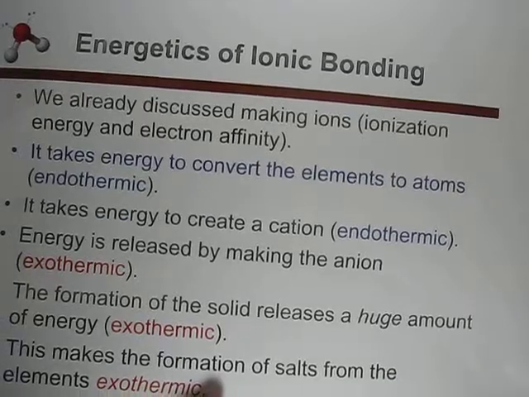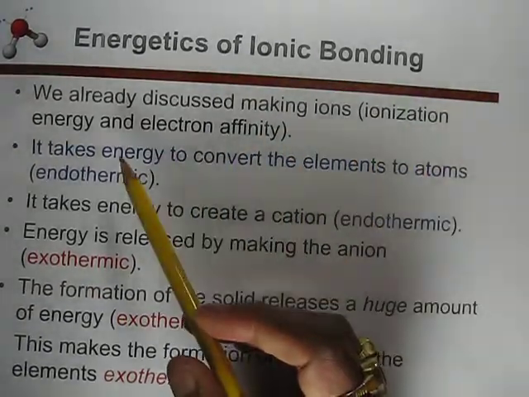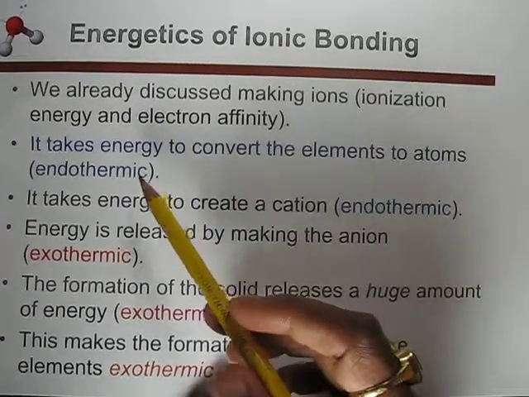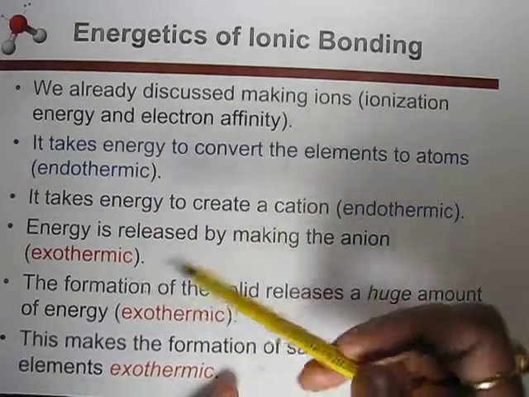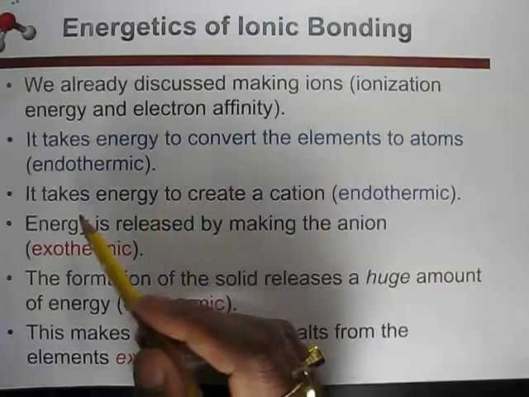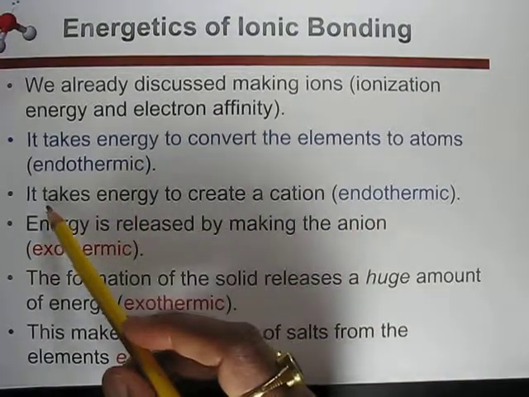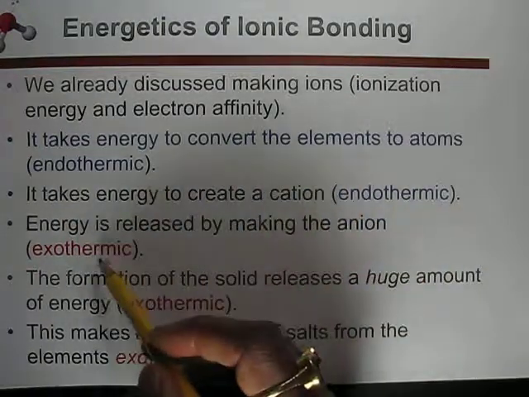Energetics of the ionic bond. We already discussed making ions, ionization energy and electron affinity in the previous chapter. It takes energy to convert elements to atoms, which is endothermic, meaning you need to provide energy. It also takes energy to create cations, positive ions, because removal of an electron is always endothermic.